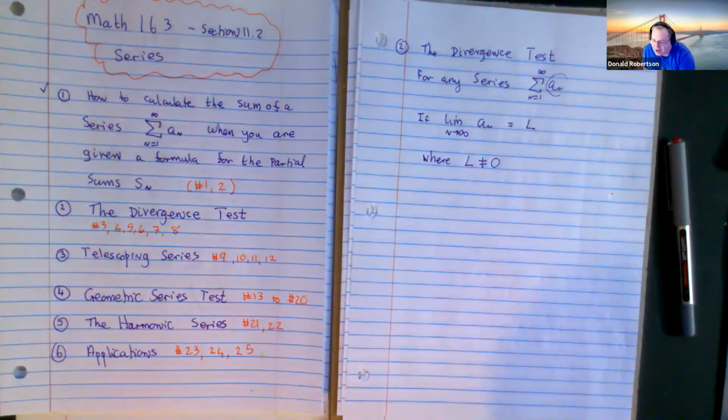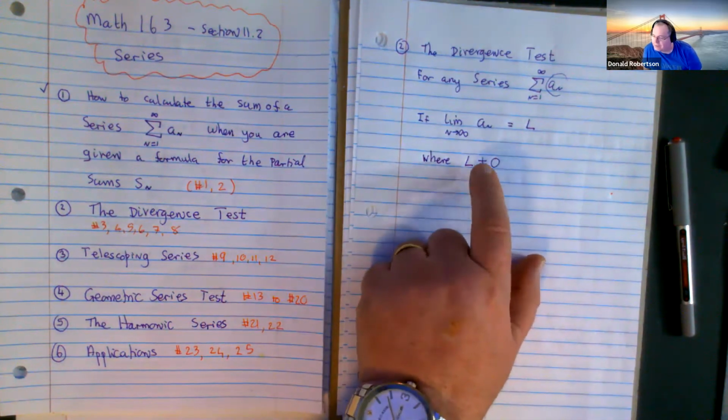So if L is a half, if L is 1,000,000, if L is infinity, if L is -22, any situation except that. You can't be 0.